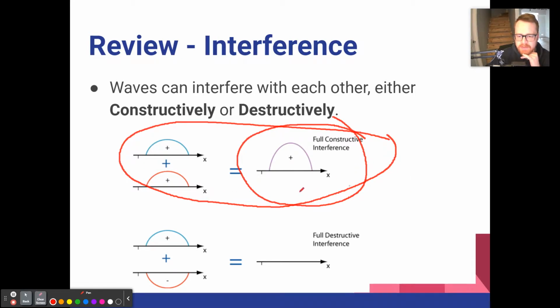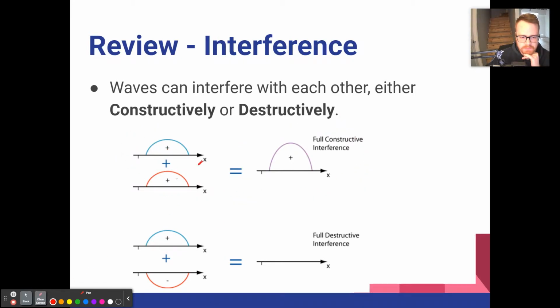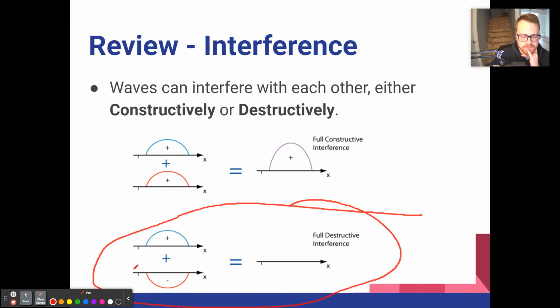You could do the same thing if this was flipped. If you had a wave look like this and another wave look like this, it would create a super trough. They would still add together. And then here we have destructive, where a crest and a trough add together to basically cancel each other out.